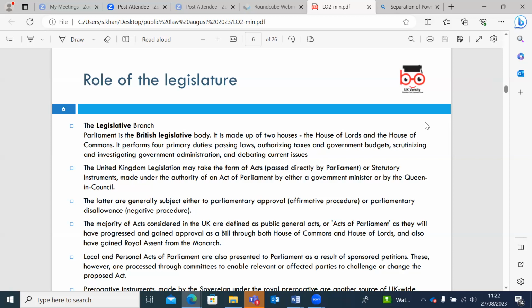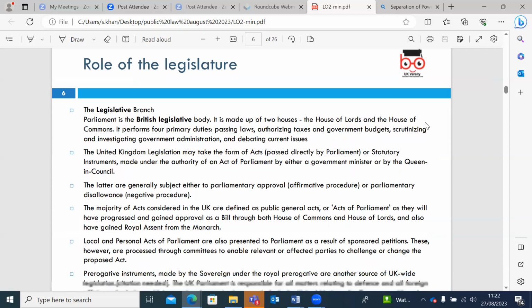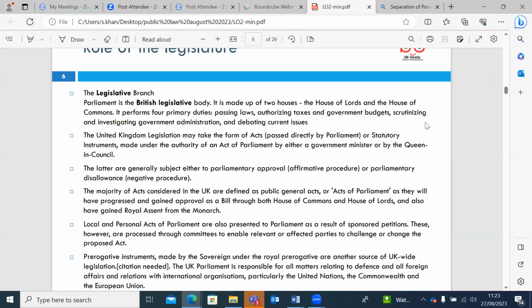The majority of acts considered in the UK are defined as public general acts or acts of Parliament, as they have progressed and gained approval as a bill through the House of Commons and the House of Lords, and also have gained royal assent from the monarch.